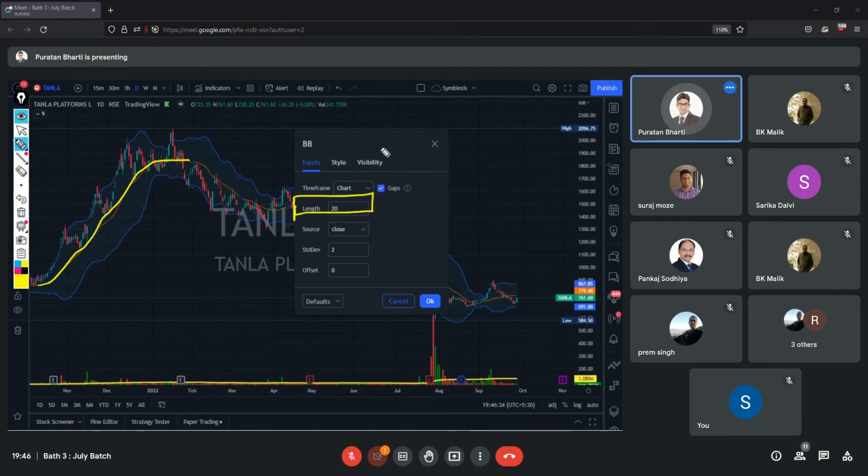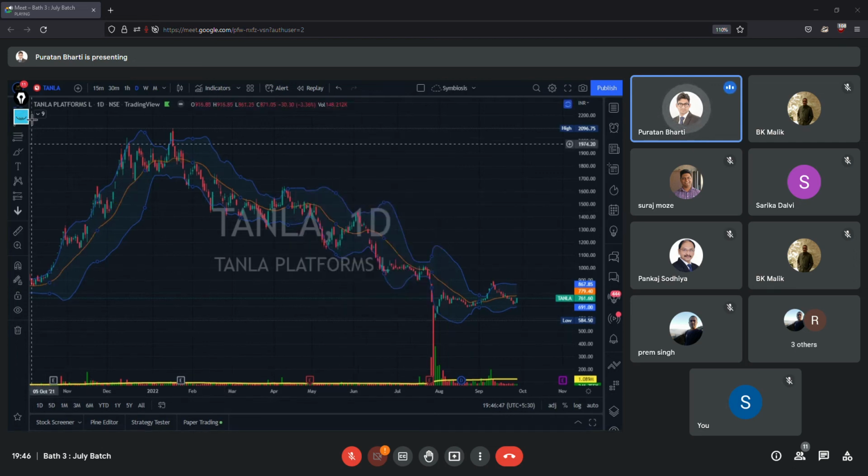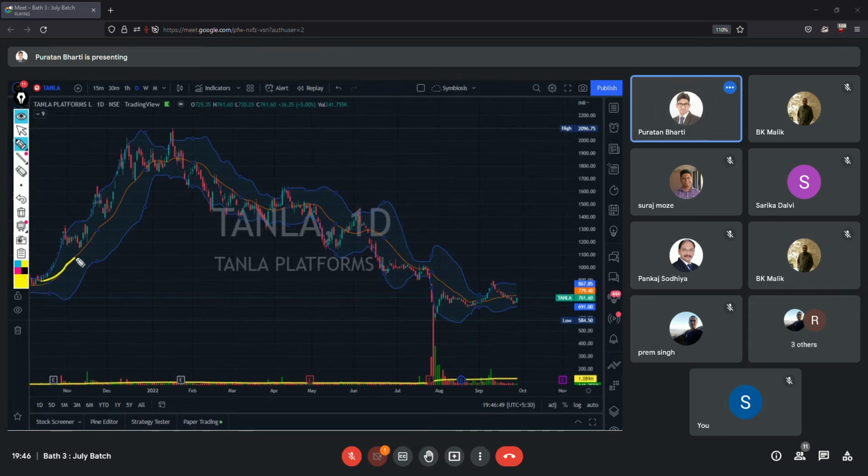It is on the closing price of the stock that it is mapping the simple moving average, which is this orange line that you see right here. As you can see, there is an orange line, and this is a 20-day moving average.